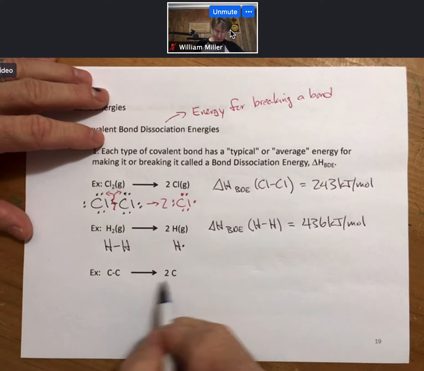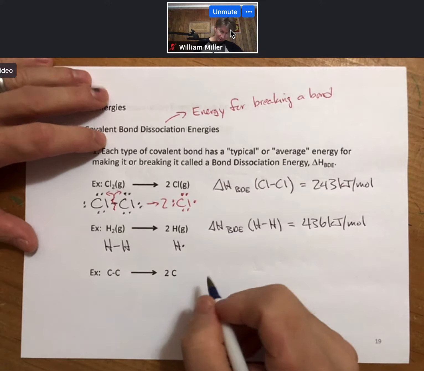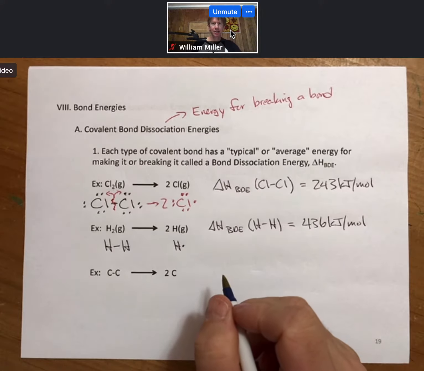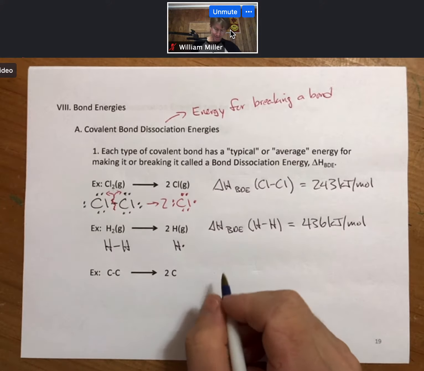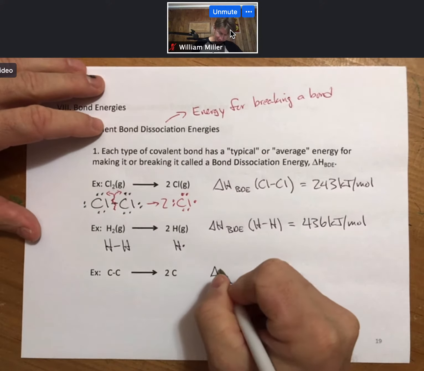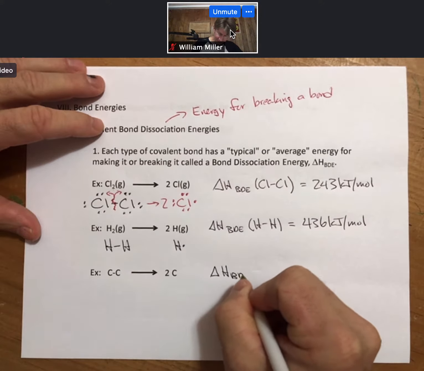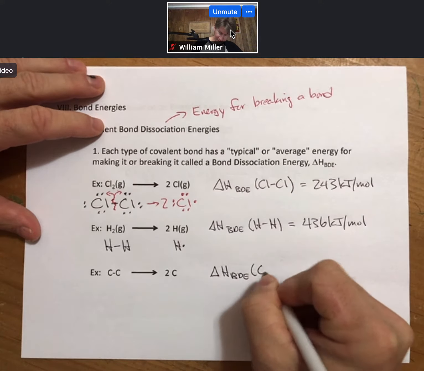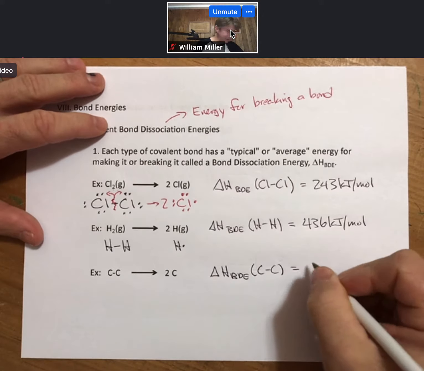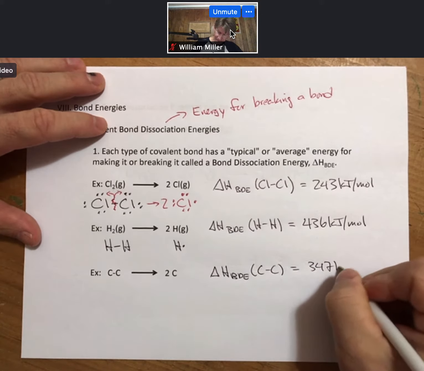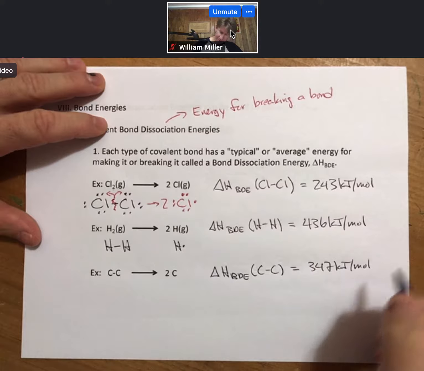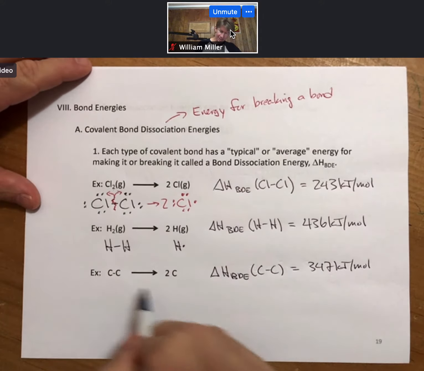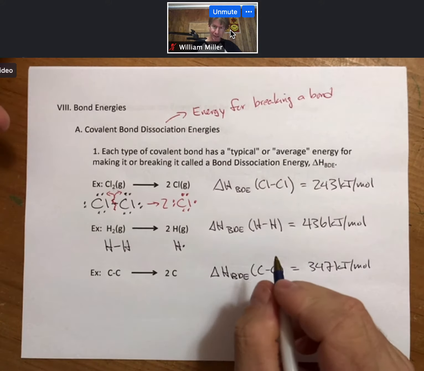And then you can start to do single carbon single bonds, and actually delta H BDE for a carbon-carbon single bond should be 347 kilojoules per mole. And again, all of these processes are for breaking bonds.